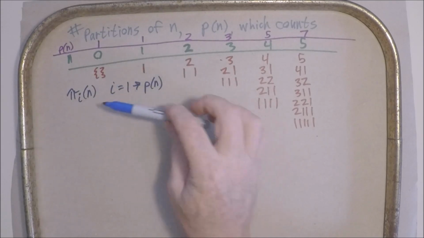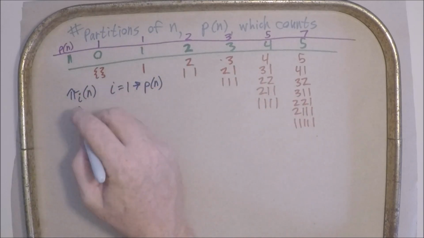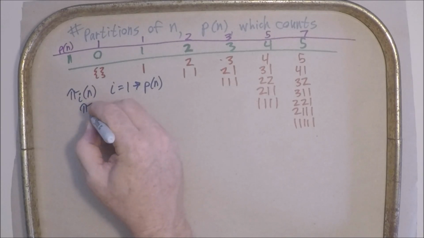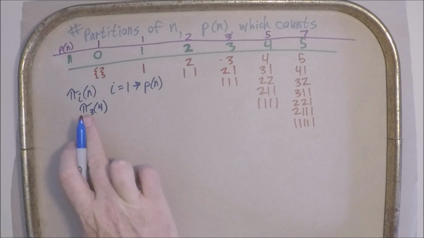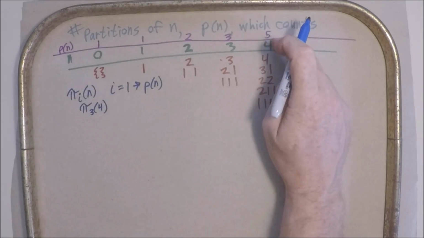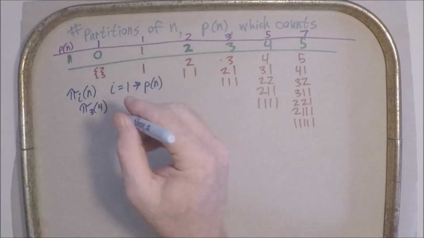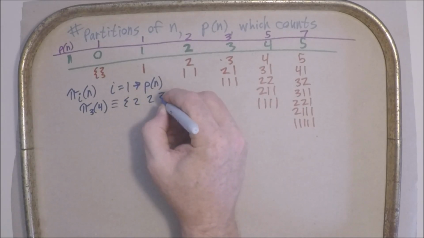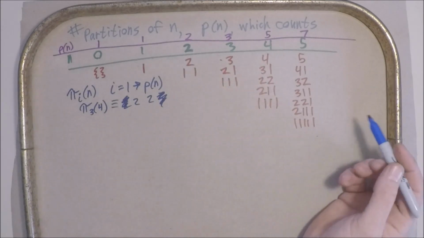Obviously, you have one partition for each of the number of partitions. So, for example, pi sub 3 of n equals 4 is going to be the third partition of 4. So here's 4, 1, 2, 3. The third partition is 2, 2.